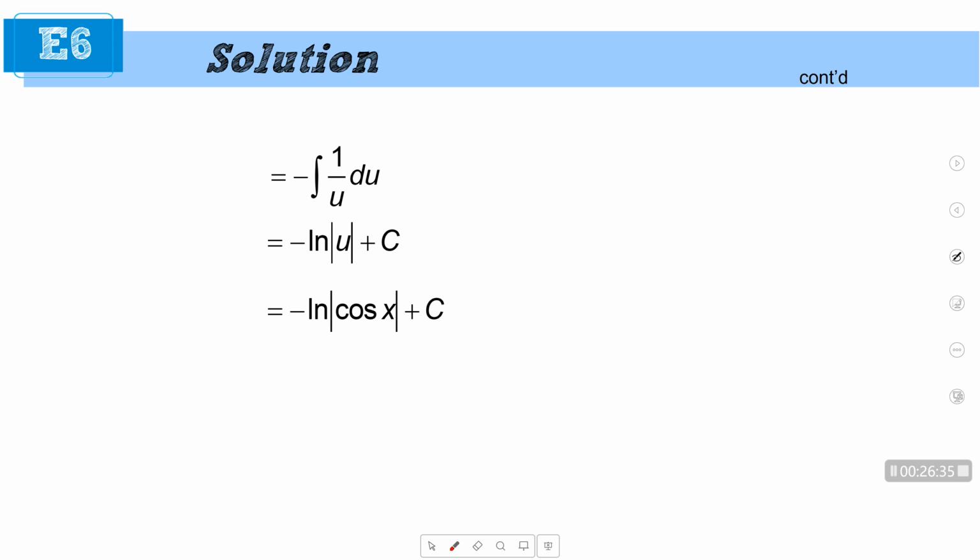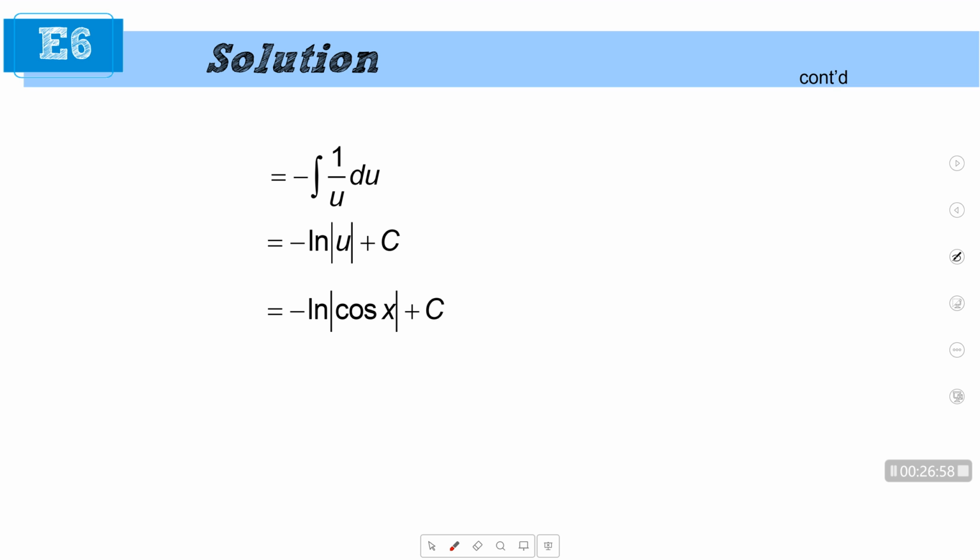Off the top of my head, I'm going to say no. I don't think you can choose u to be sine because it puts your cosine in the denominator and becomes 1 over cosine squared. It does not cancel. So we're going to stay with what we know works. Okay. Astute observation. Well done. You get a gold star for the day.